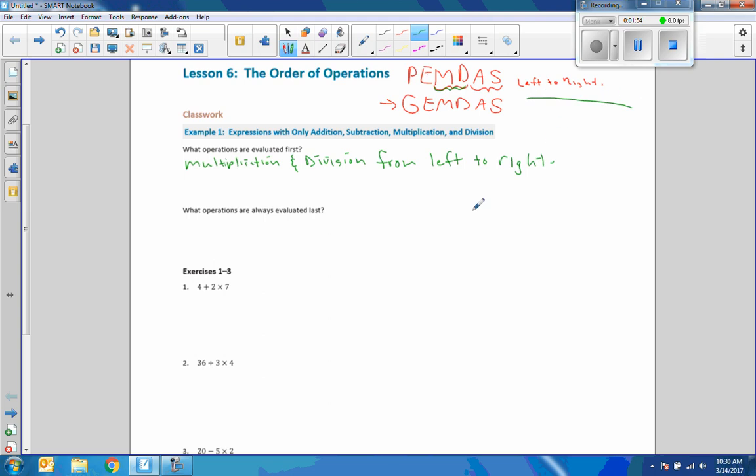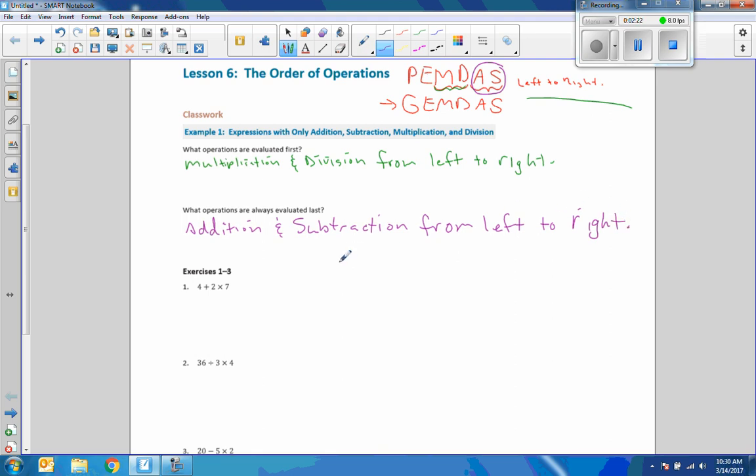Okay, there's a rule. What operations are always evaluated last? It's right here. Addition and subtraction. Also, from left to right.